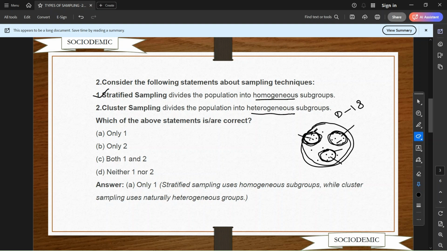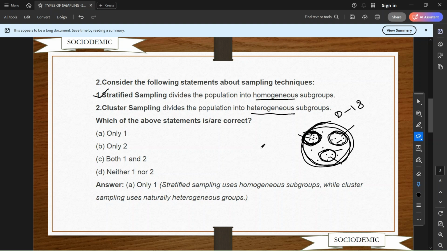That is not a right definition, but it is a homogeneous subgroup. Heterogeneous means different people, there are no same characteristics. For example, youth are there, elders are there, everybody is there. That is called a heterogeneous group. This whole population is a heterogeneous group.